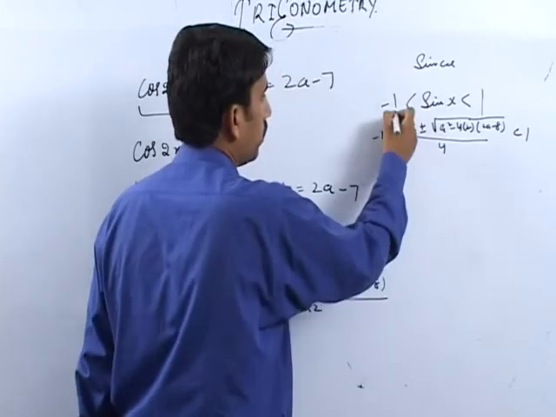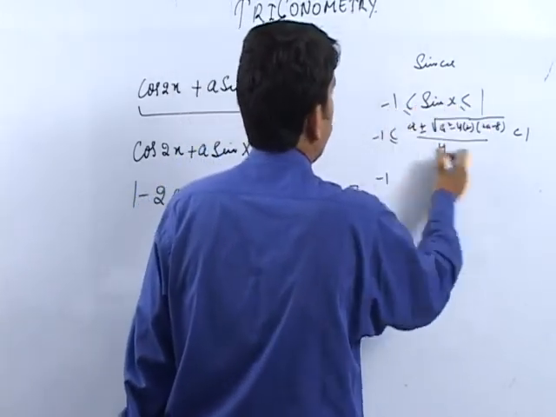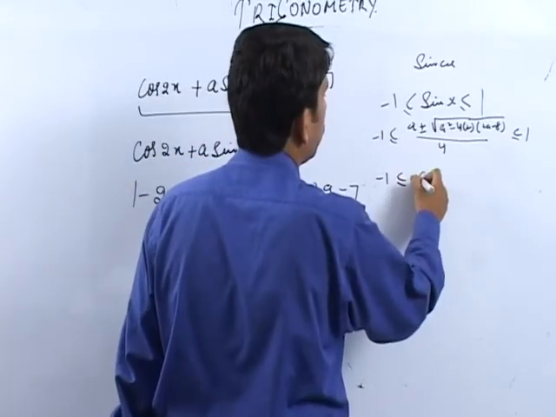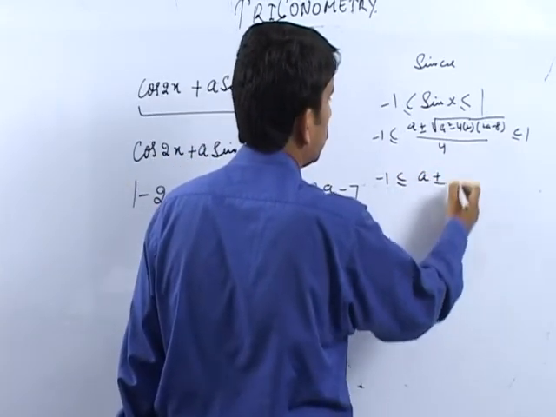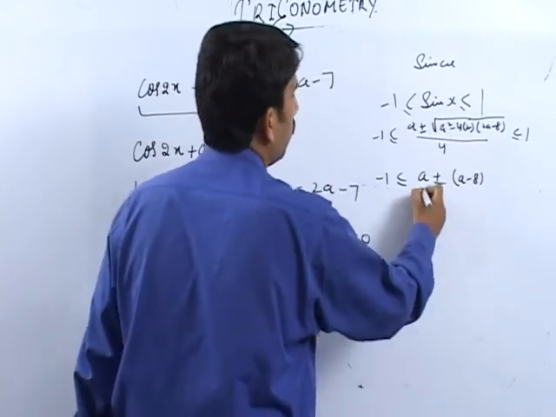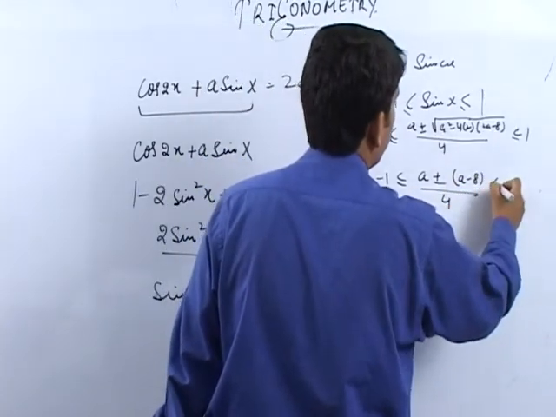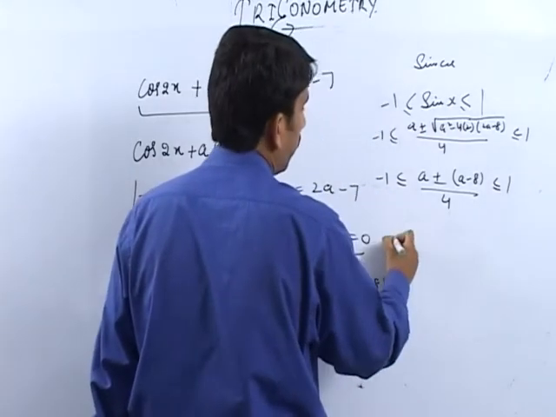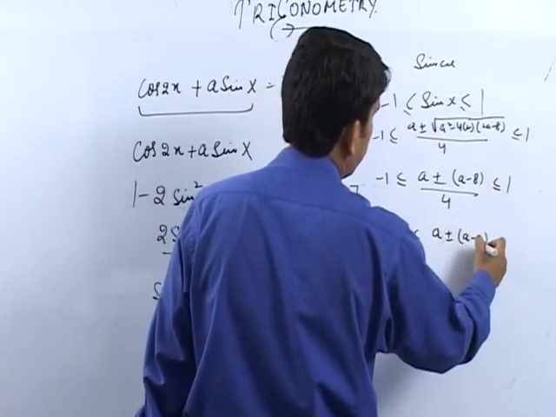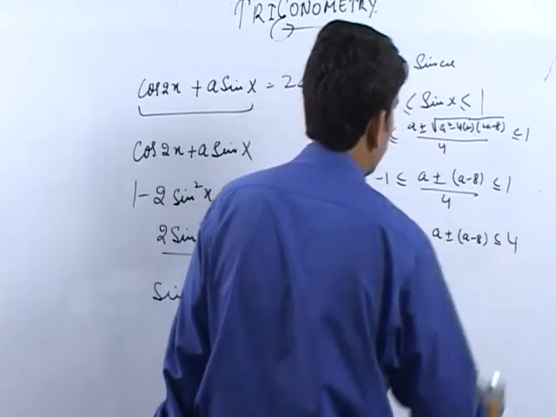That means, put equality here. This is a minus 8, as we have proved earlier. So this will be minus 4 less than or equal to a plus minus (a minus 8) less than or equal to 4.